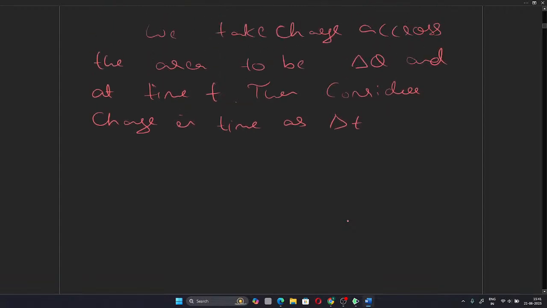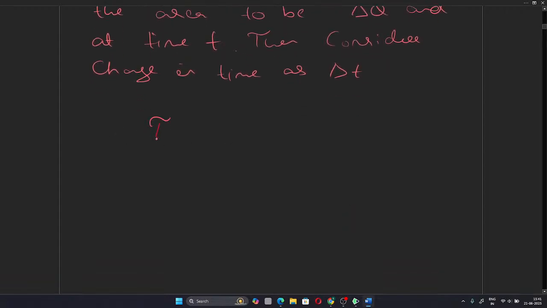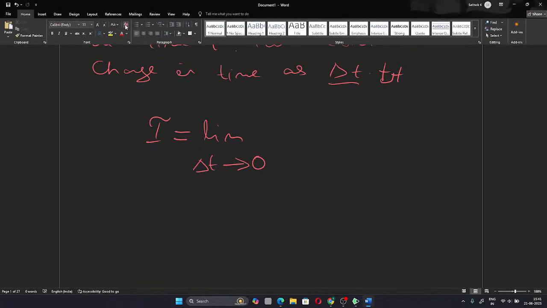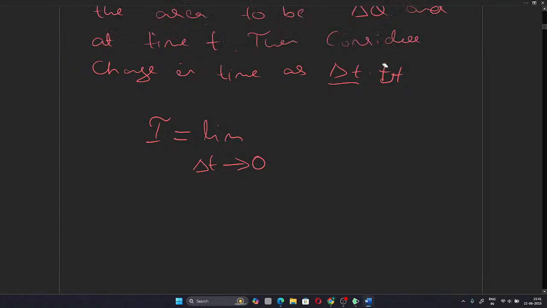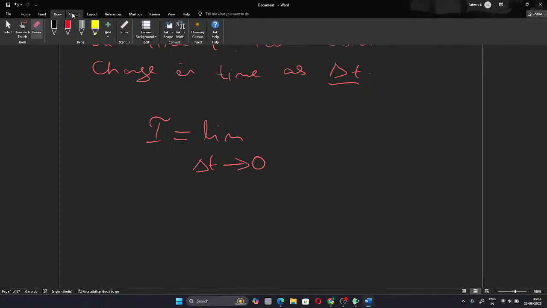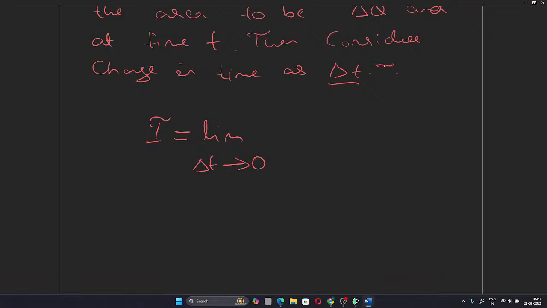When the charge is changing, we define current as I equals the limit as delta t tends to 0, where the total time is t plus delta t.